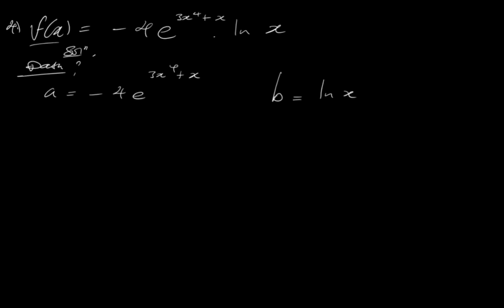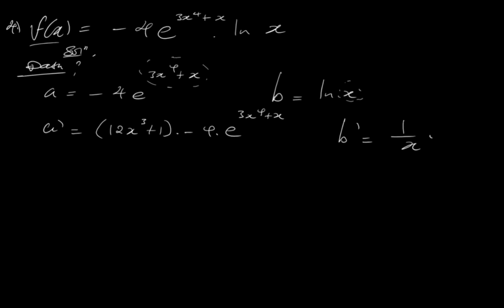Then find the derivative of A. A prime will be the derivative of something, which in our case will be 12x to the 3rd plus 1 times whatever you had, which is minus 4 times e to the 3x to the 4th plus x. Then also find b prime, should be 1 over something, because the something here is the x, so 1 over x times the derivative of x, which is 1, so b prime is just 1 over x.